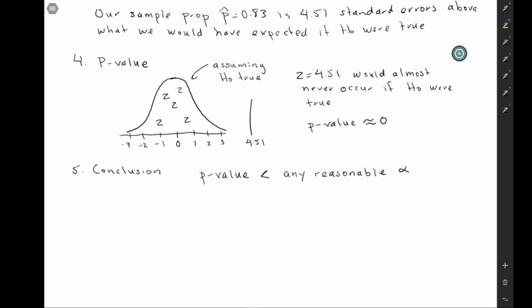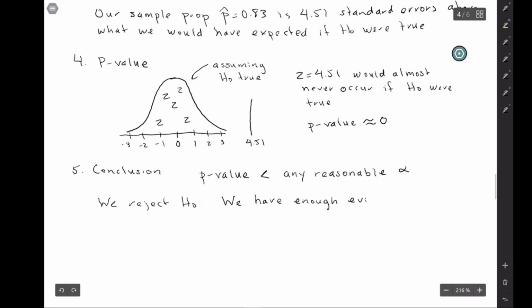So because our p-value is so small, we're going to reject the null hypothesis. We reject when the p-value is small. And in context, we're going to conclude the alternative. So we have enough evidence to conclude HA. We don't want to just say p greater than 0.61 because that's not very easy for people to read.